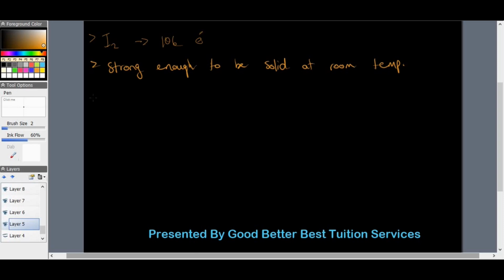So if we take noble gases, and I'm sure we know that list, they have London forces that exist between them.